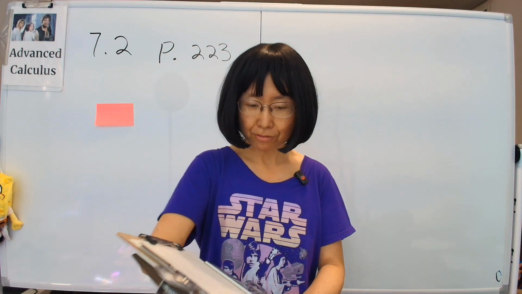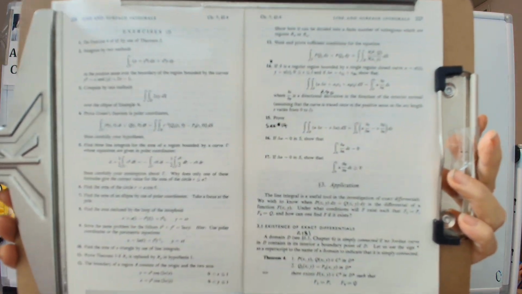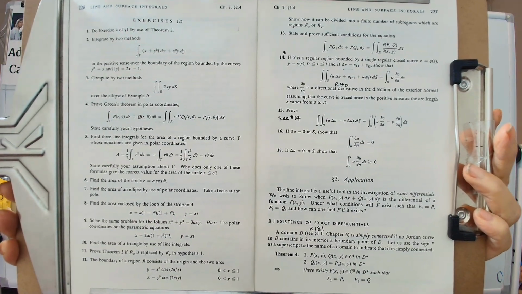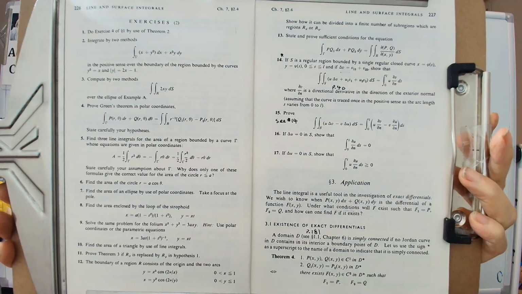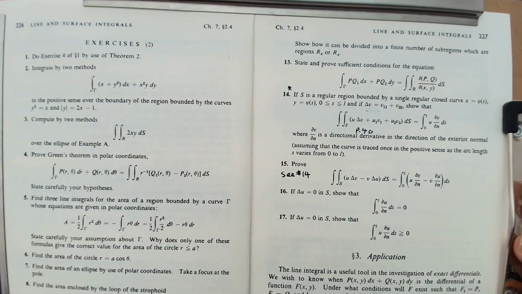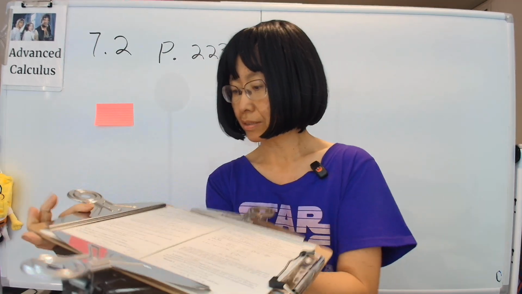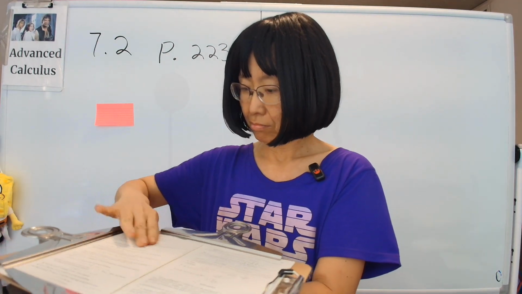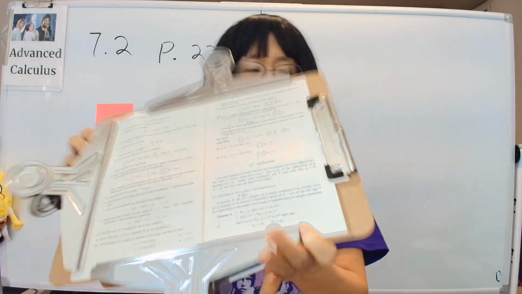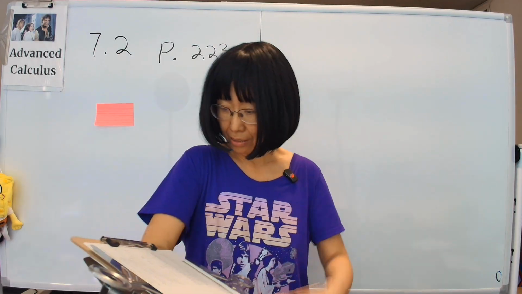And finally, 226 and 227, the homework page. Okay, let's see. And then a little closer on top. Is that not flat or something? Give me a second here. Well, try again. Still not flat. Let me fix that. All right, try again.